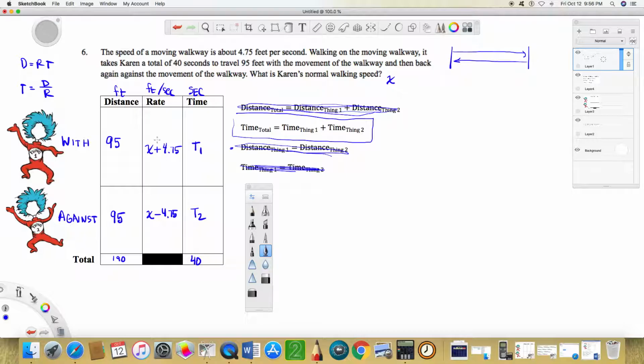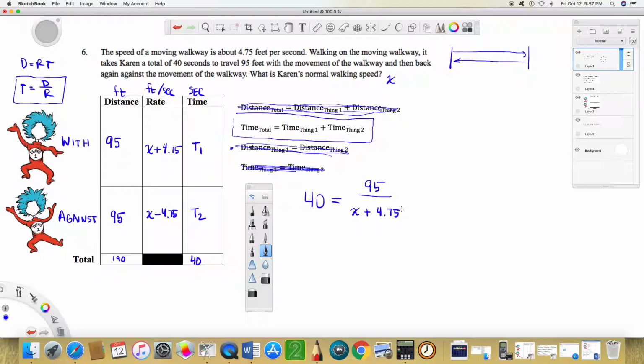So we're going to have distance divided by rate. On the left-hand side, we're given that number. The total time was 40 seconds. And we want distance divided by rate for thing 1. Well, distance was 95. And the rate, when you're walking with the sidewalk, that was the addition.